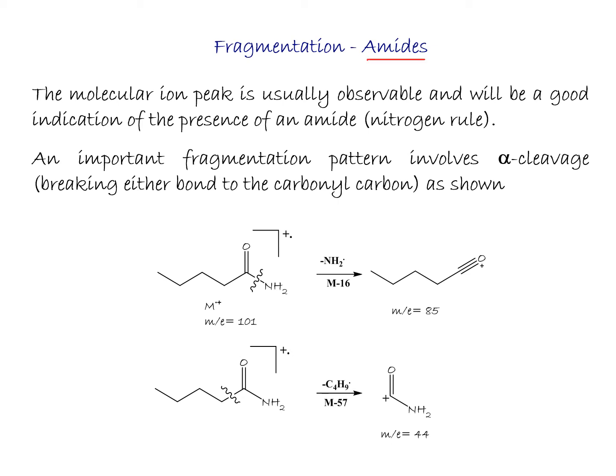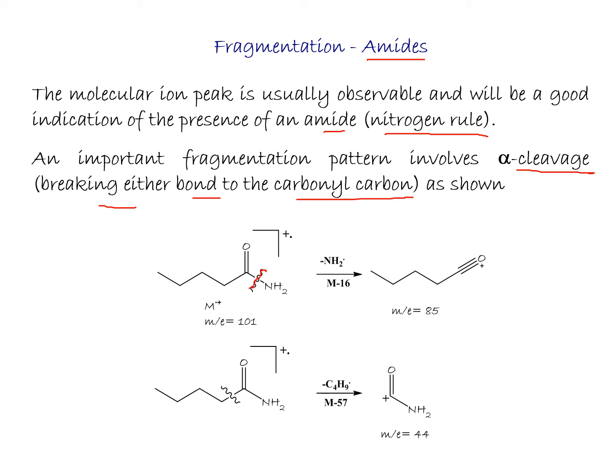Fragmentation of amides. The molecular ion peak is usually observable and will be a good indication of the presence of amide, again nitrogen rule. An important fragmentation pattern involves alpha cleavage, breaking either bond to the carbonyl carbon.